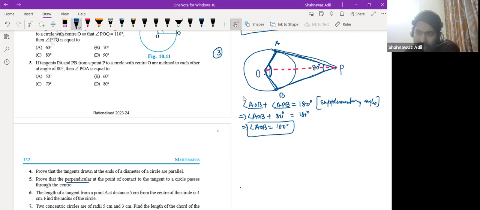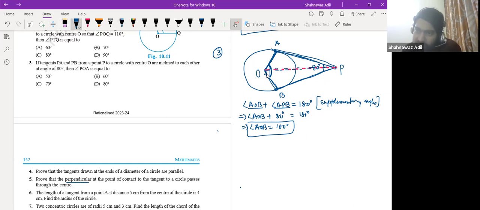So they are asking about angle POA, right? And we know this thing already: what does this line do? This divides this angle into two parts. Do you remember that? We have proven this.